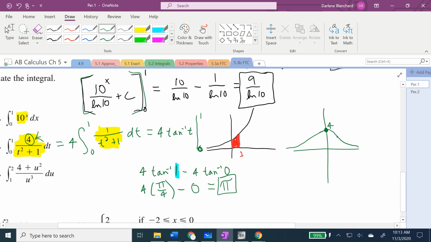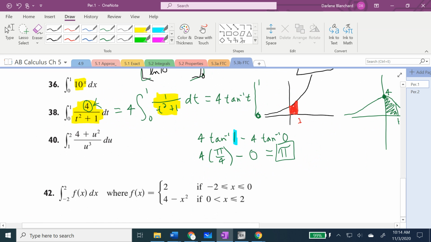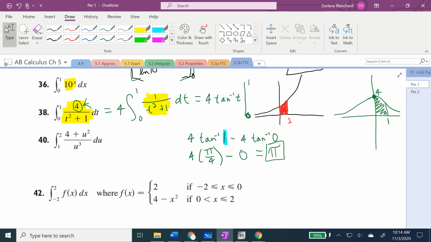And I just looked at the area from 0 to 1. But that's all you have to do. All right, another one. I'm going to erase a little bit unless you need me to hold it up a little bit longer.